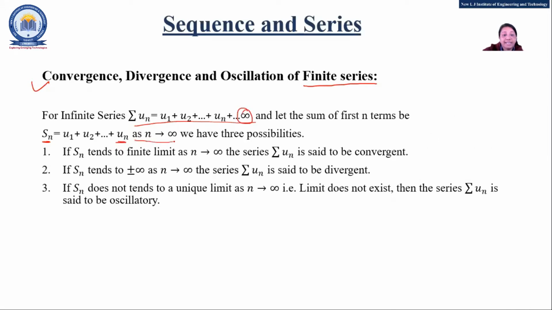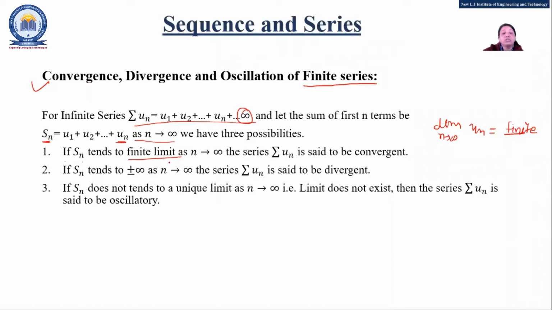As n tends to infinity, we have three possibilities. First, if Sn tends to a finite limit, same as a sequence, if limit n tends to infinity of Sn equals some finite value, then we can say it's convergent.